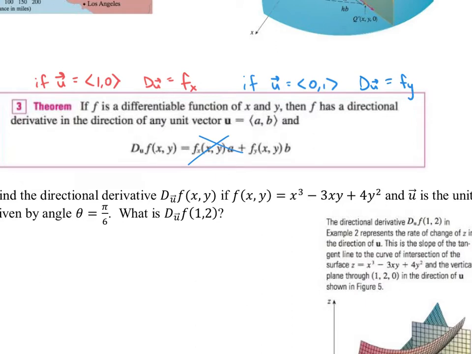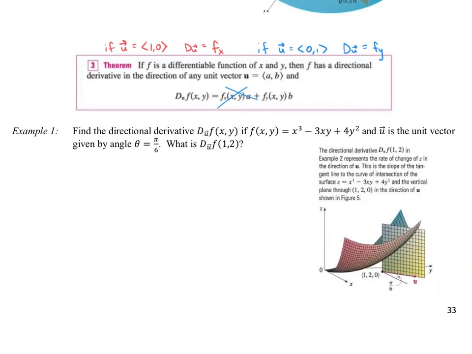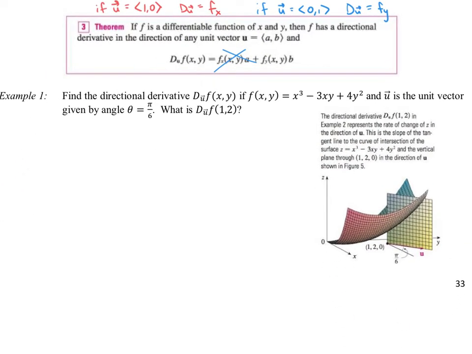Again, we've calculated these already with regard to the rate of change in the positive x and the rate of change in the positive y. Now we're putting them together to have a more usable derivative, and that is the derivative in any particular direction.